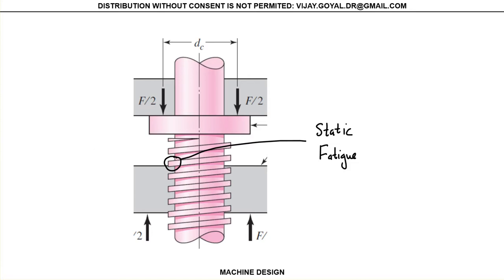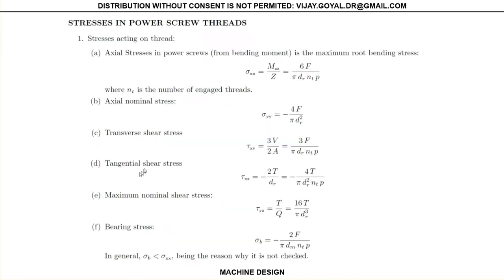Basically, what you have in this problem is the axial nominal stresses, transverse shear stresses, tangential shear stresses, the normal nominal shear stress, and the bearing stress. These are given by Mzz over Z. I'm going to skip all the derivation here; that's given in your notes, in your book.